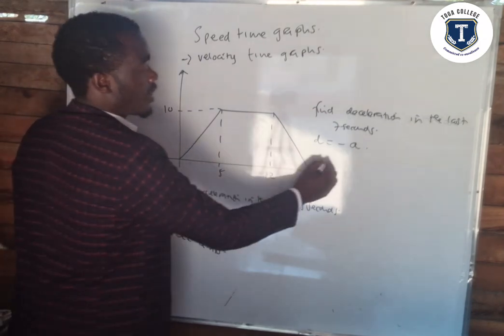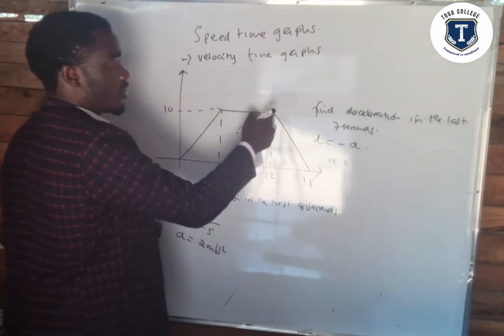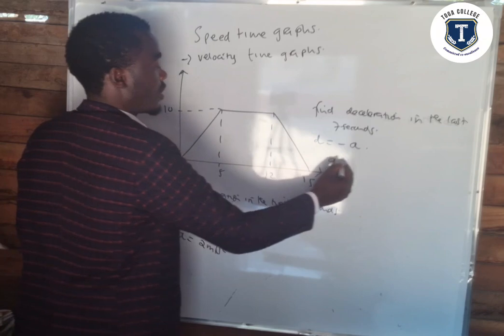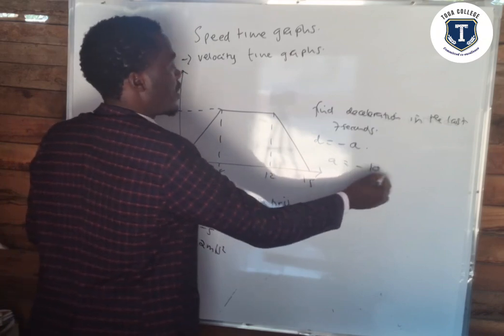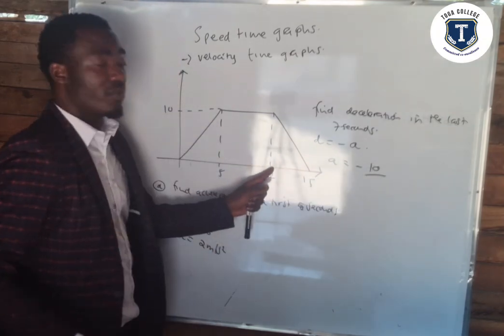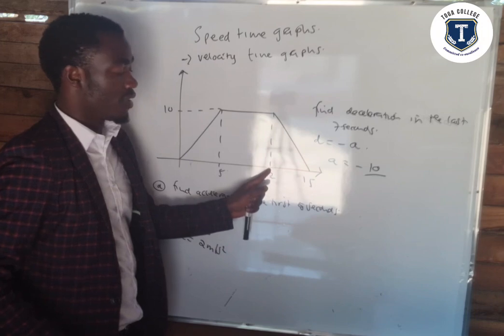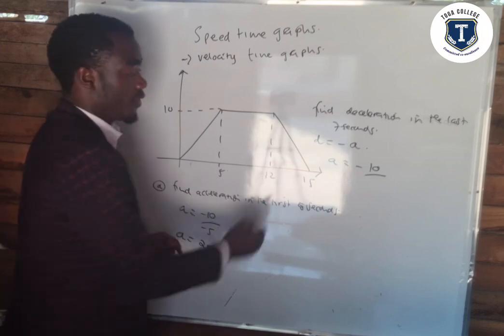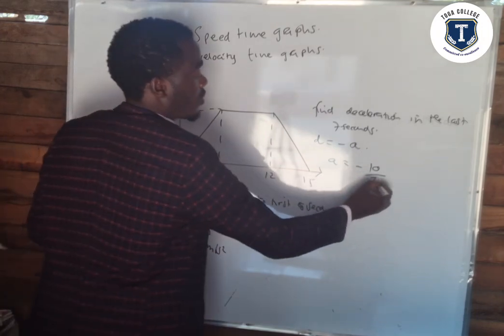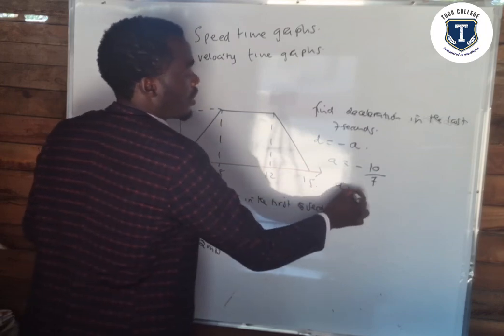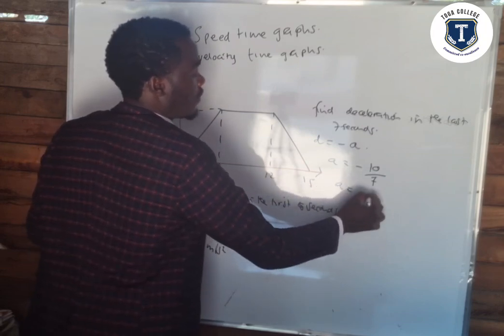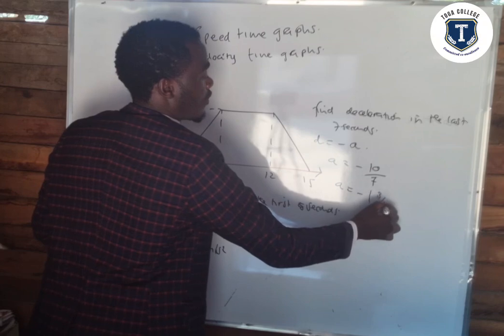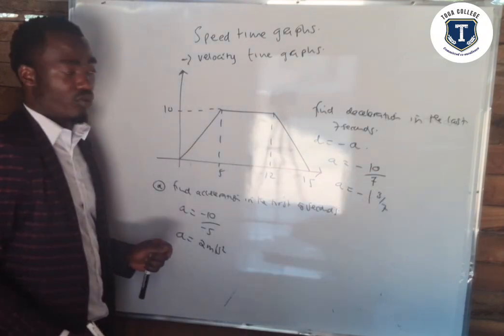So we'll find the acceleration here. Acceleration is change in speed over change in time, that is -10. Change in time, now we're coming from this side, 12 up to 15. So it's a positive, so it's going to be over 7. So a is equal to -1 and 3 over 7, something like that, right?